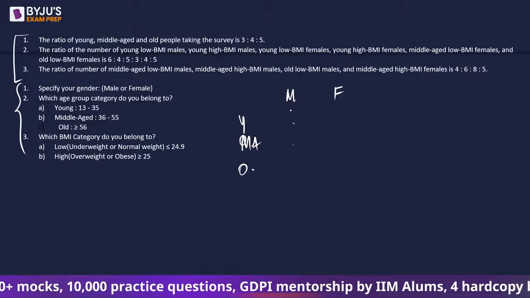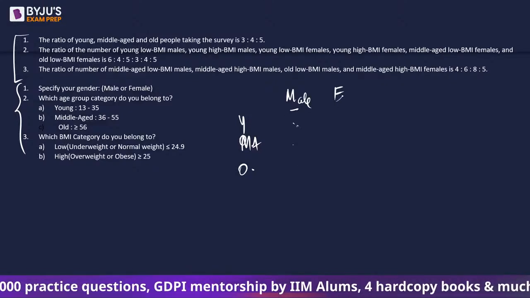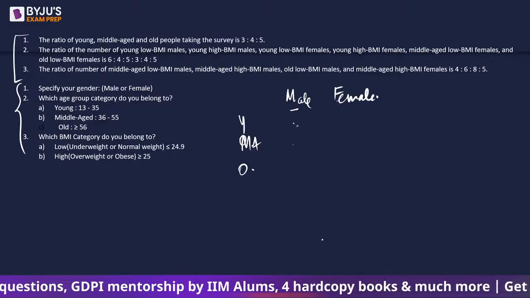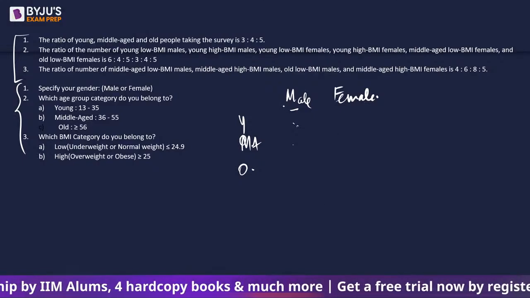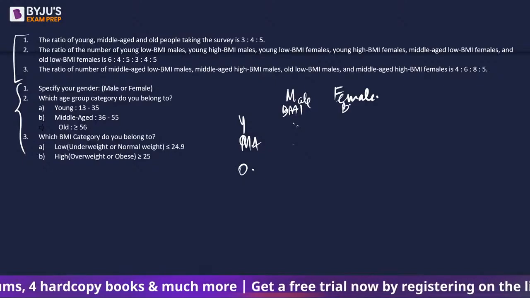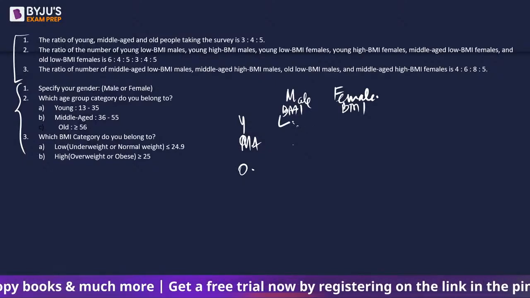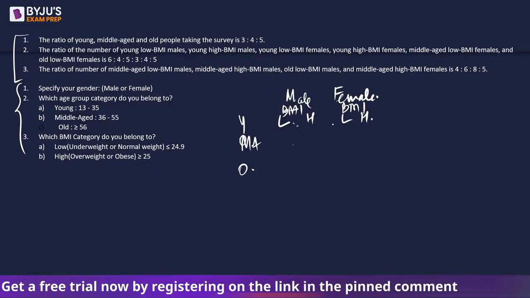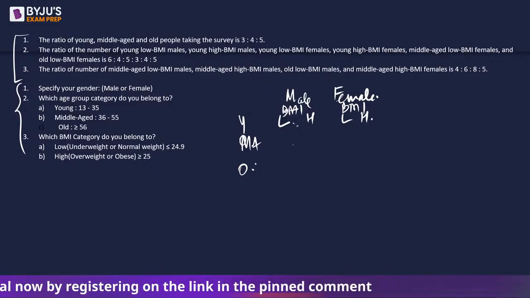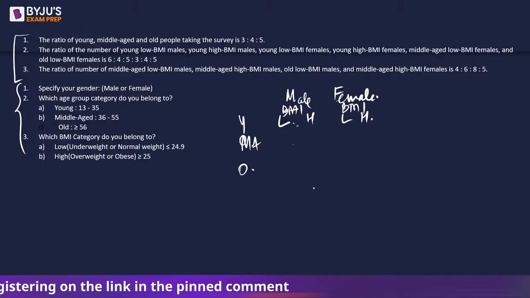So male के अंडर में भी you will have the 3 categories. Female के अंडर also you will have the 3 categories. Then comes in BMI category. So can I say BMI category can be under male and female both? One would be low and another would be high. Such that total male, low, high, young, low, high, middle-aged, low, high, old, and similarly we will have for female.